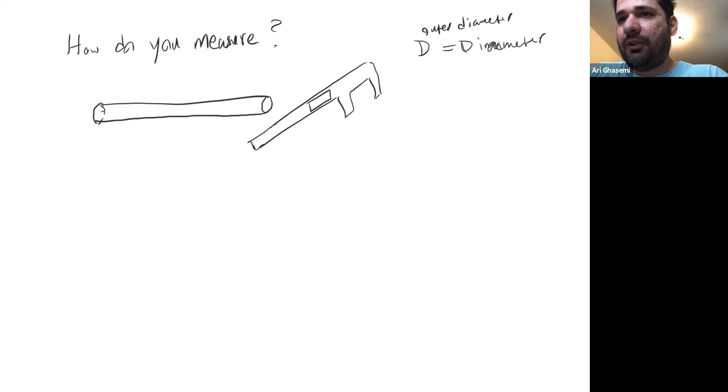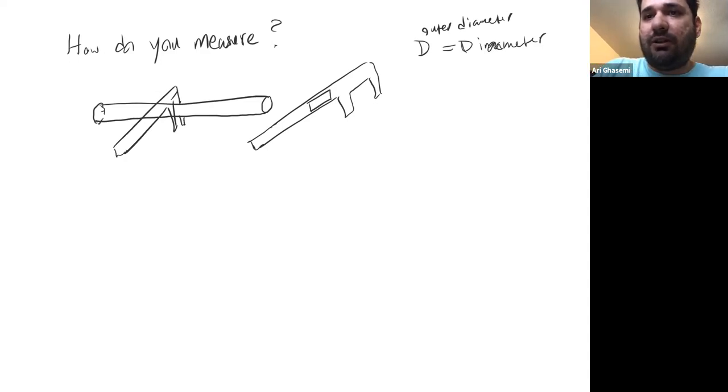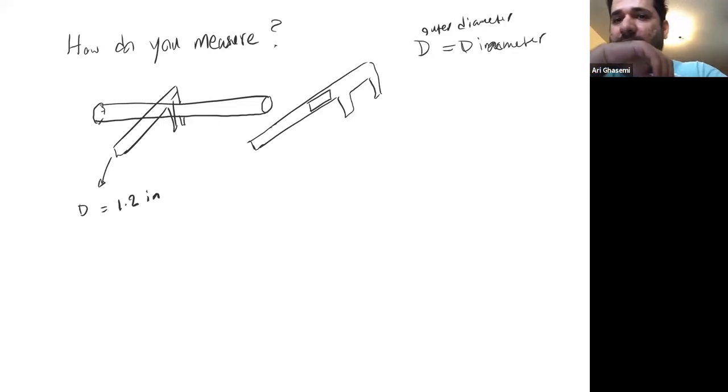If I just follow your step and take this caliper and put it, for example, here, and simply measure the diameter here, and then report that the diameter is, for example, 1.2 inches, well, we call this a rough approximation. It's not accurate, it's not a scientific measurement. This is not what I actually expect in this lab.